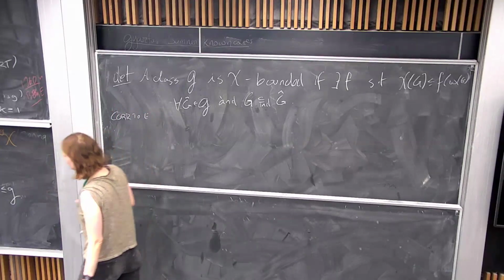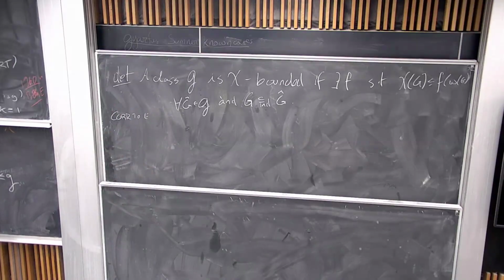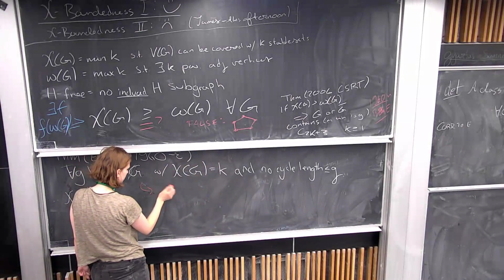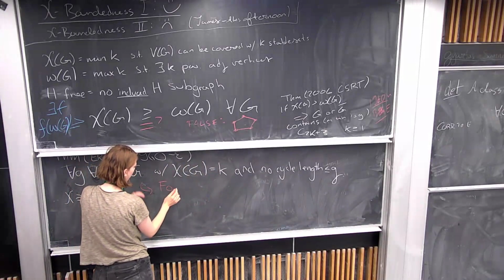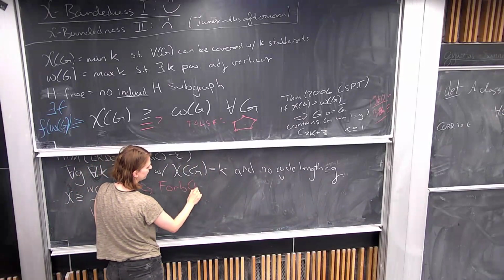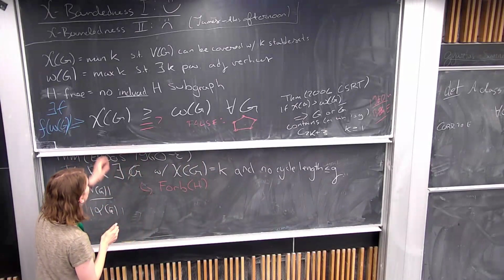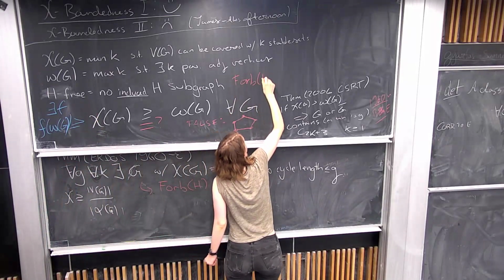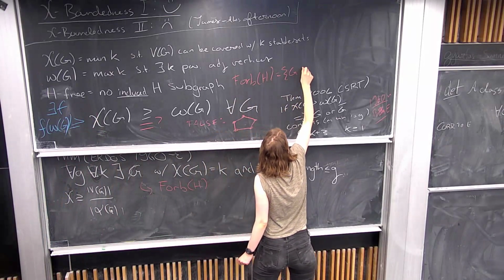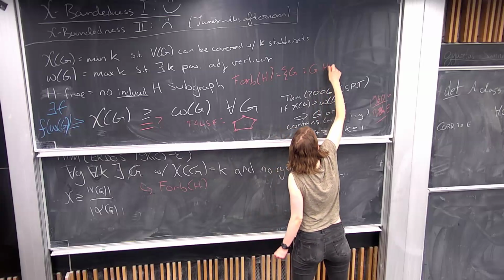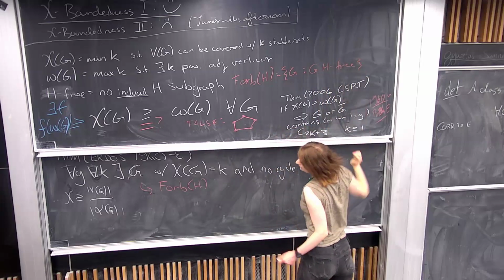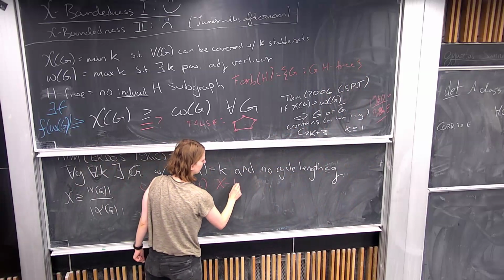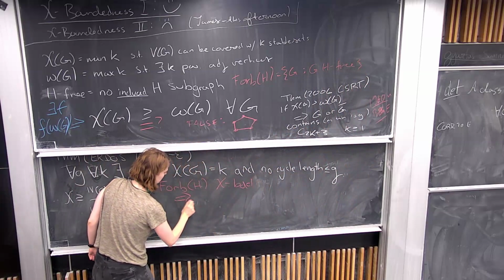Actually, maybe I want to write it here. So I'm going to use the new definition. I'm going to use the notation Forbid(H) to be the class of graphs with no induced subgraph H. Erdős's theorem implies that if Forbid(H) is a chi-bounded class, then H is a forest.